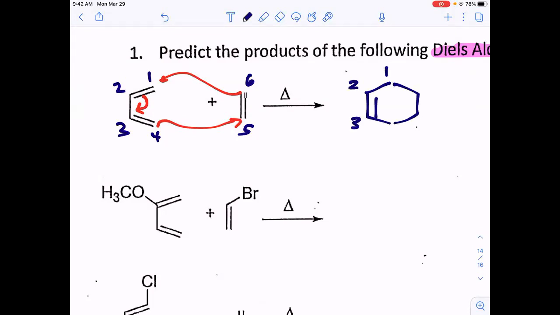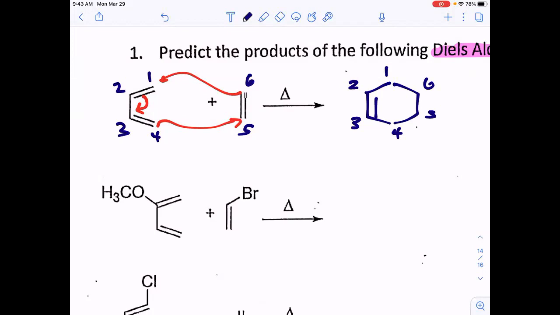That's the value of this reaction, so that you can build up these six-membered cyclohexenes. The more substituents you put on your diene and your dienophile, the more functionalized the product is, and you can keep using it as a precursor to something else. All right, so 5, 6 right there. Let's look at the next one.